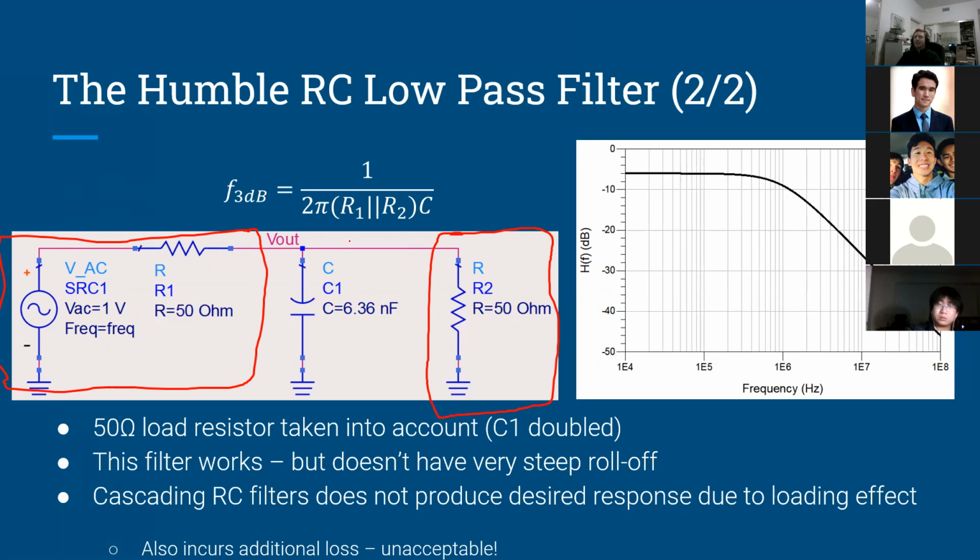No, I did that right. So what I did is 50 in parallel with 50 is 25. So I've essentially divided the resistance by 2. So I have to multiply the capacitance by 2 to get the same 3 dB bandwidth. So that's what I did. I increased the 3.18 nanofarads to 6.36 nanofarads.